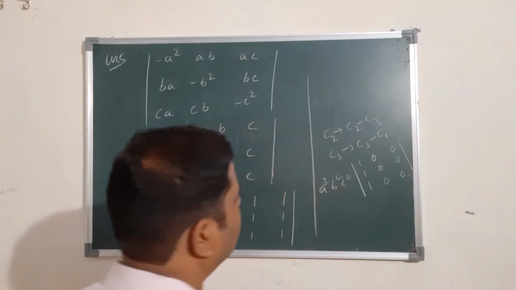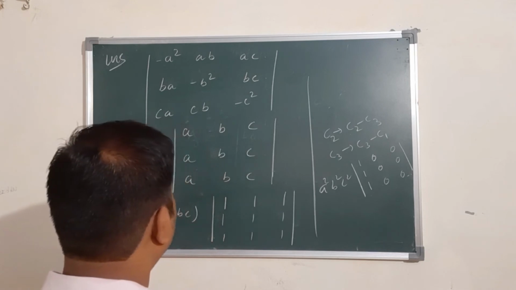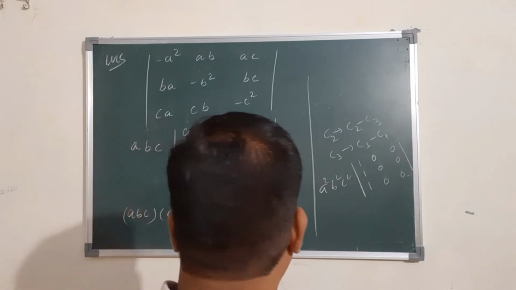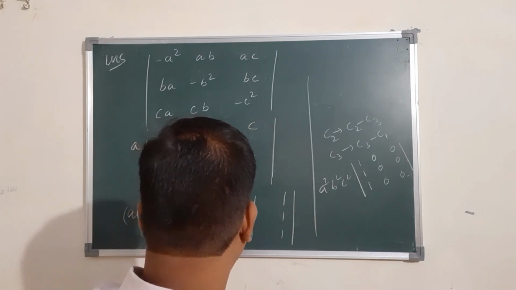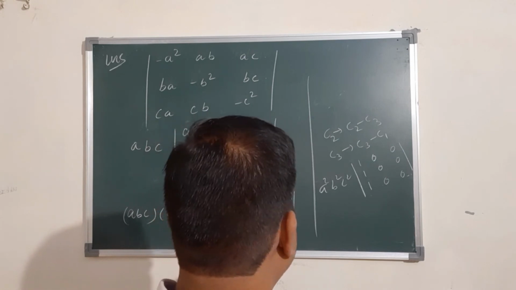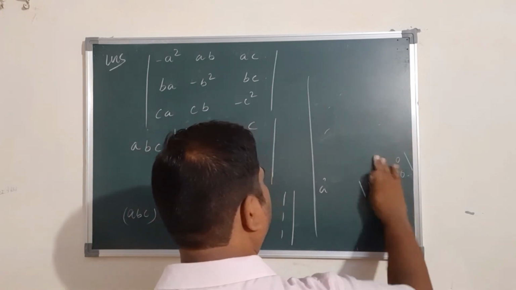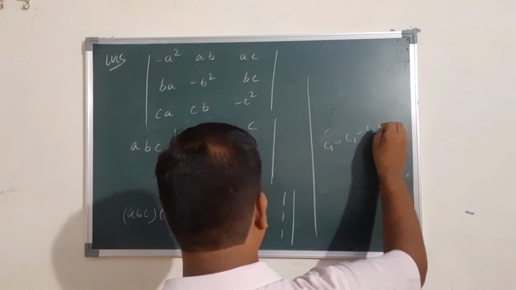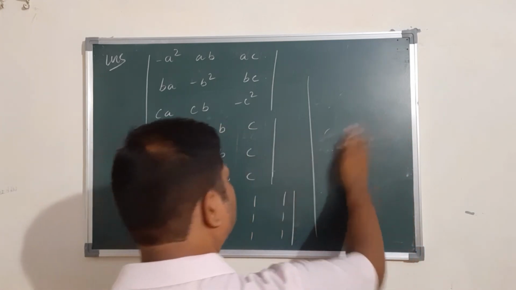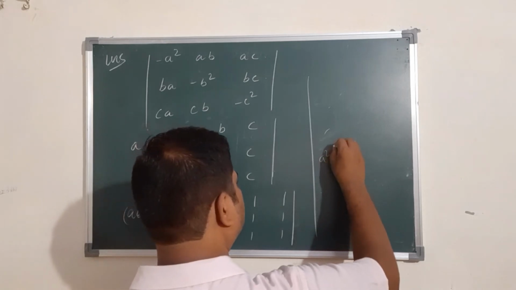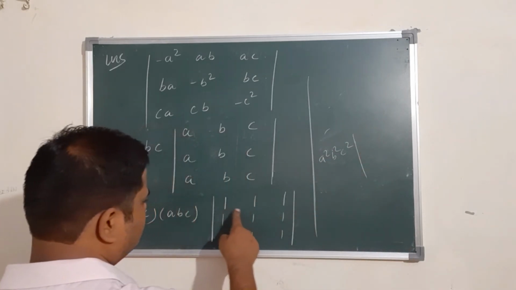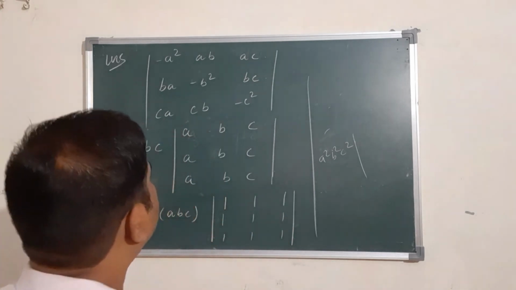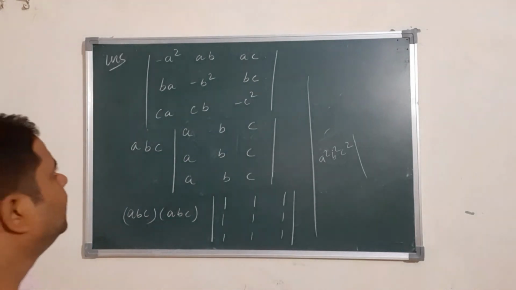Otherwise we can expand directly; only one operation we apply, C1 tends to C1 minus C2. Then we get a square b square c square times the determinant with first column minus 1 minus 1, 0. Some mistakes are there, maybe in writing the question.